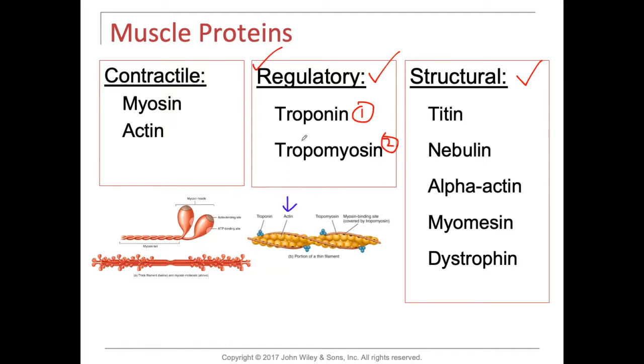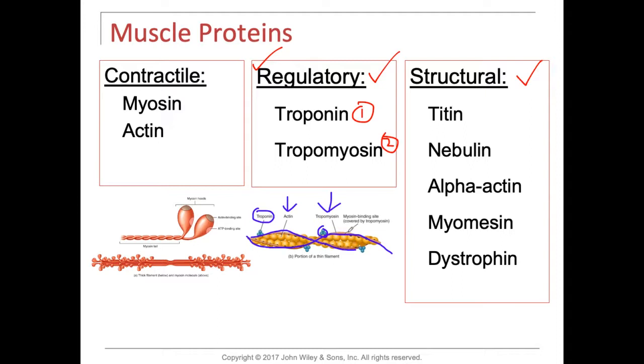Right there is actin. Troponin are these little blue staples that we see here, and these staples are holding something in place. They're holding tropomyosin in place. Tropomyosin are these ropes. You see these strings that kind of go like this, right? And there's another one on the top that makes another spiral like that.